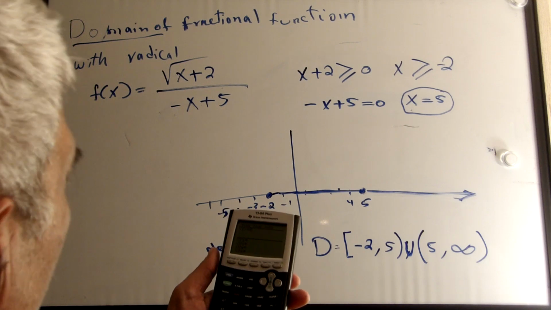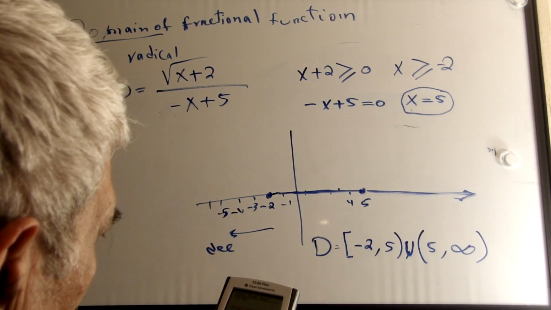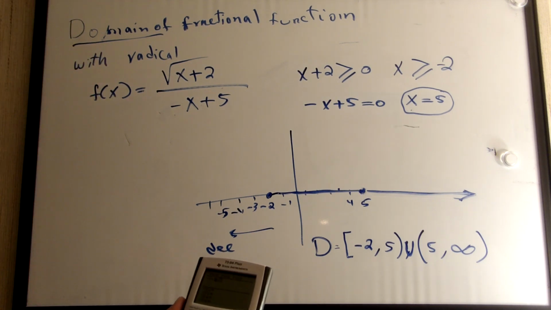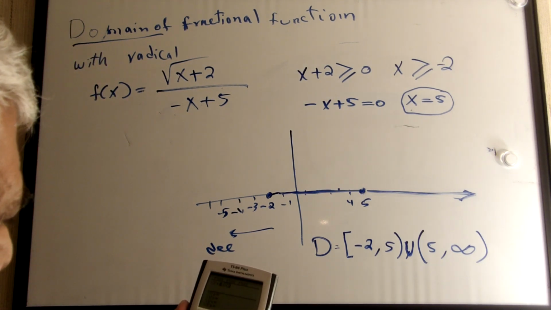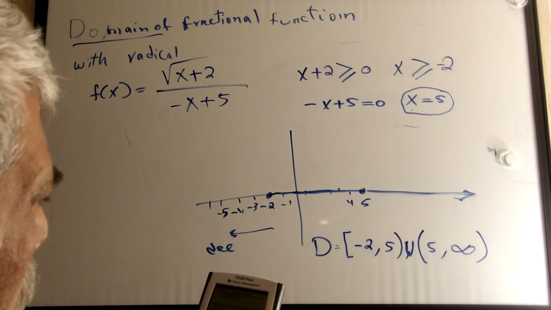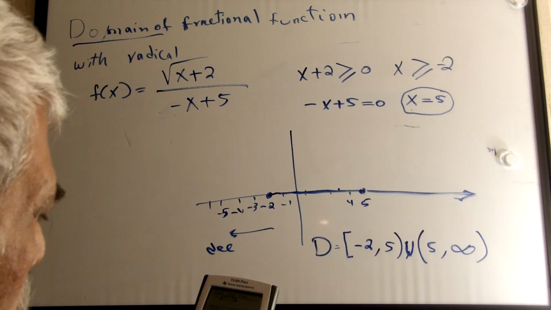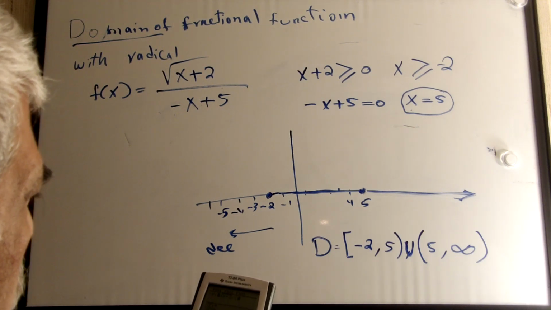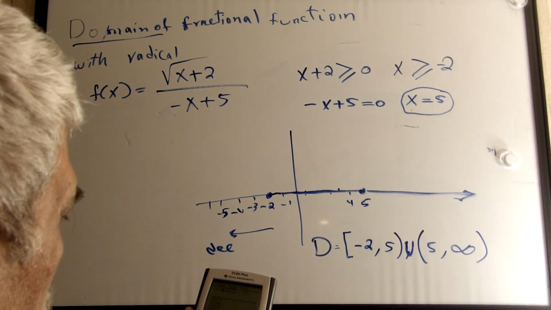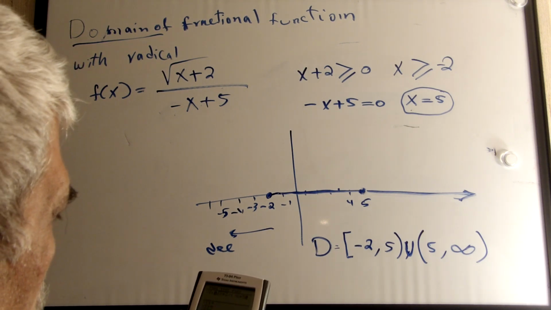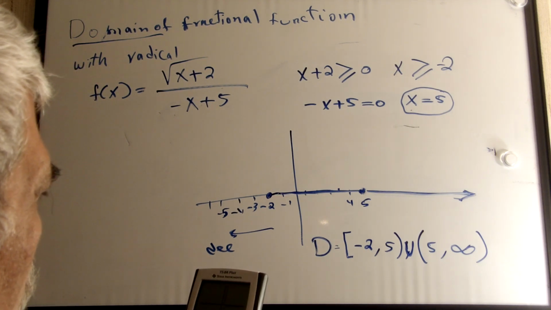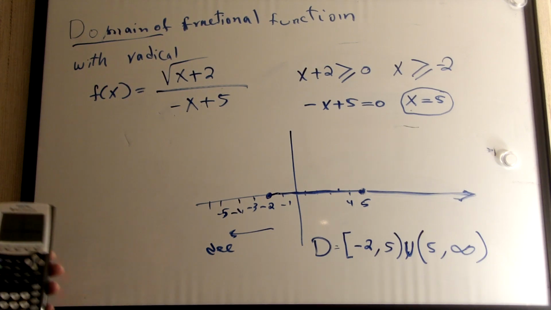We write the square root of x plus 2, divided by parentheses minus x plus 5. See what it looks like.